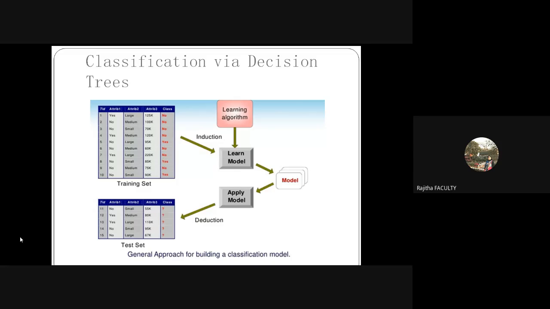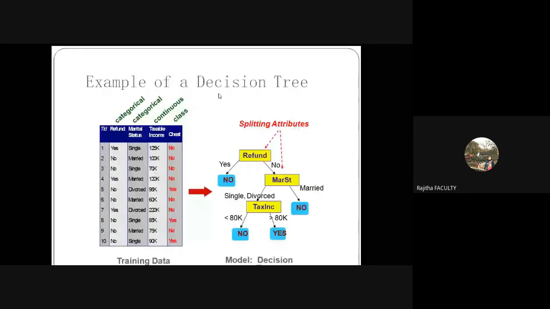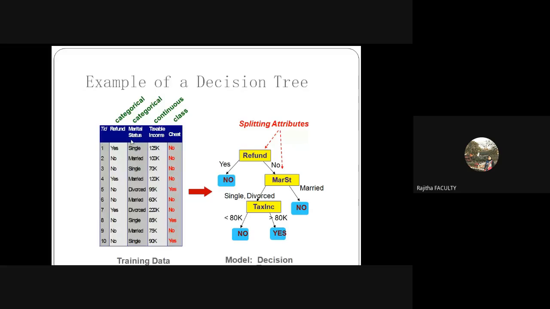Now let's see how this trained model is built. Okay. The first one which we were looking at in the example was decision trees. Now a decision tree is based on the concept of constructing a tree based on certain rules formed from this training data, right?